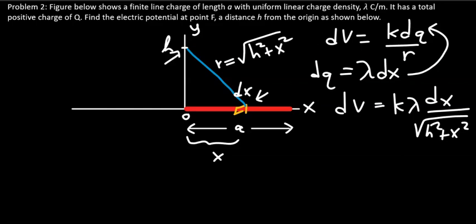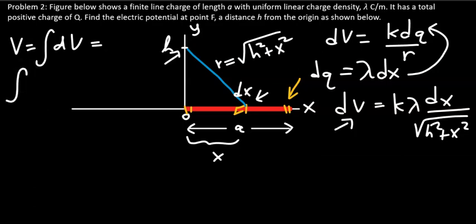Since in principle we can divide up this entire line charge into small elements beginning from the origin all the way to the right-hand edge of that line charge, the total potential created by this entire line charge can be written quite simply as an integral of this expression dV.